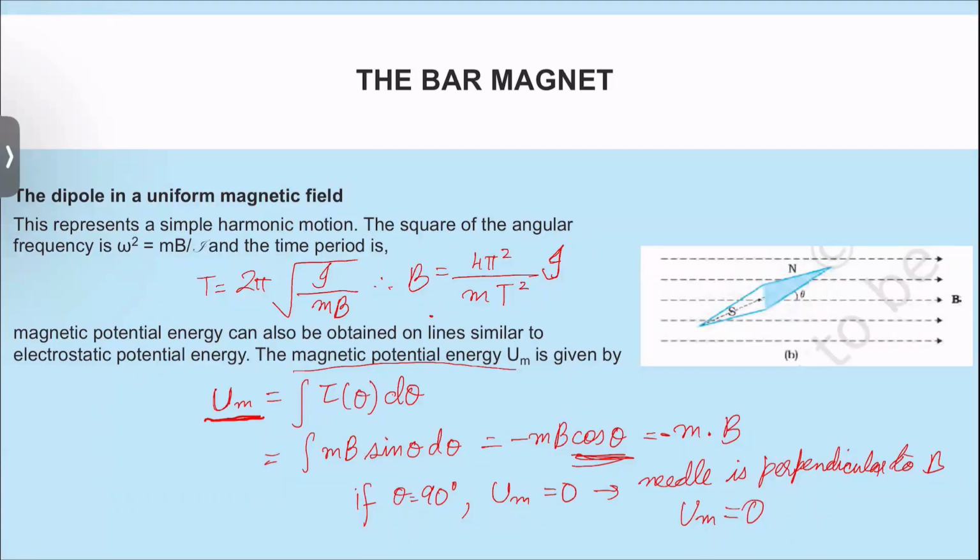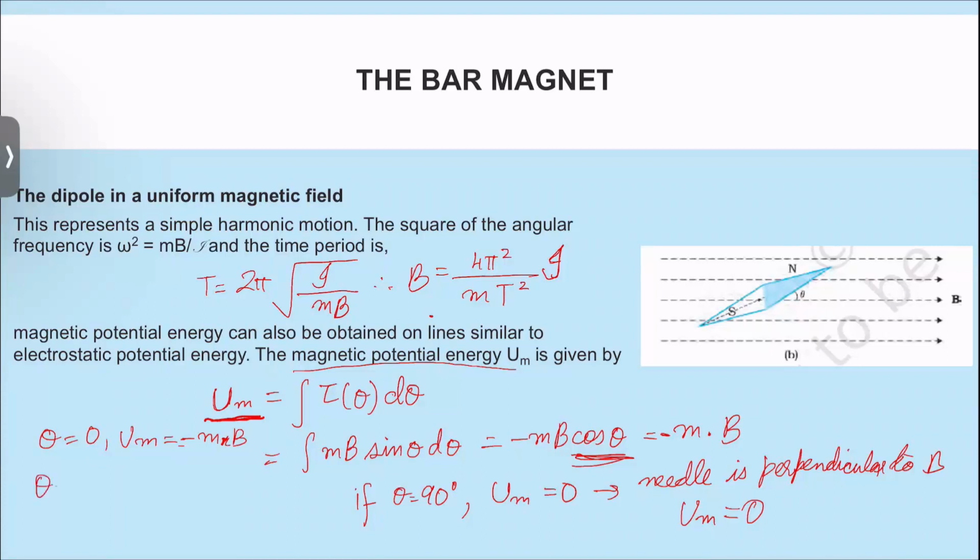Now, if we consider theta equal to 0, then UM is going to be minus M dot B. Actually, it will not be dot, since we are considering cos theta, this is going to be the product of the magnetic moment and the magnetic field. Since it's negative, it's going to be the minimum.